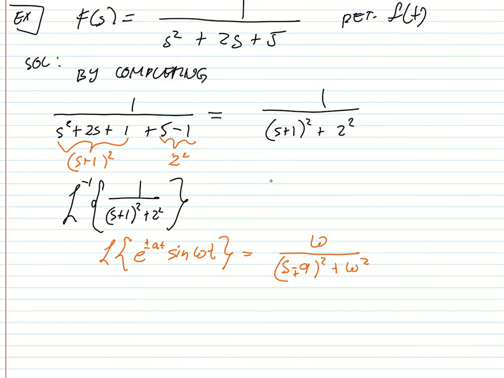So for the value of a, if you take the inverse Laplace now, it will be equal to e raised to negative a. Our a is 1, so e raised to negative t. Then we don't have 2 at the top. I forgot 2, because it should be omega over s plus a squared plus omega squared, and our omega is 2.